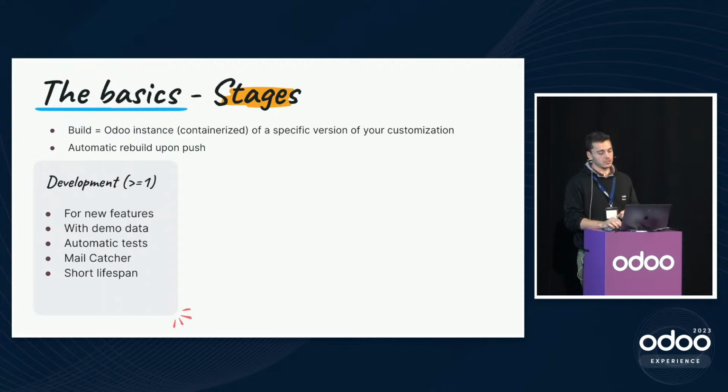So the different stages, as I have more or less teased, the first one is the development. You can have more than one, there is no limitation on that. They are used for new features and are automatically loaded when created with some demo data so that you can see and play with the information, play with the features.